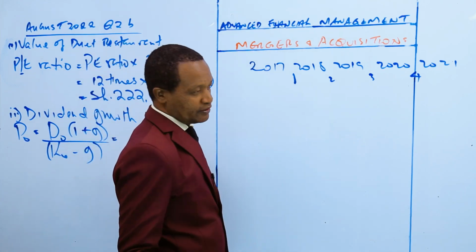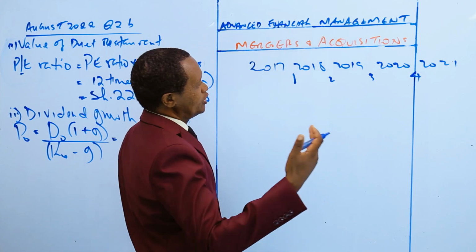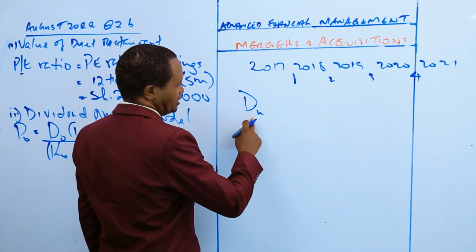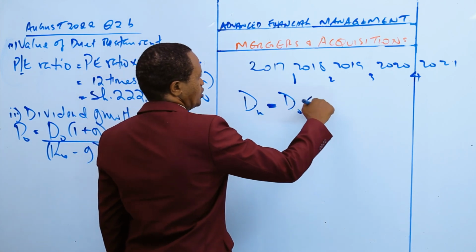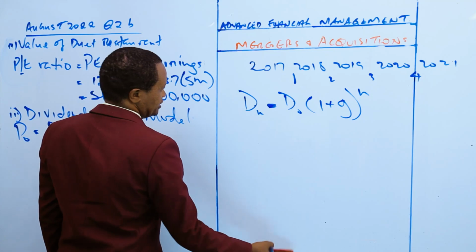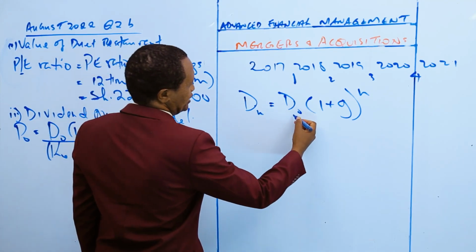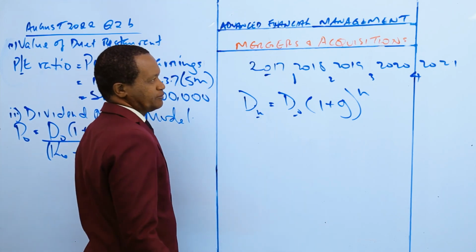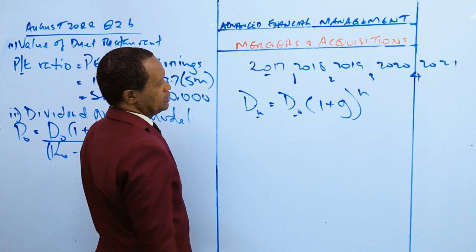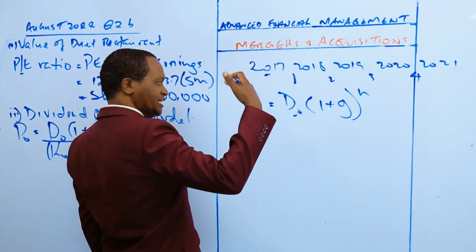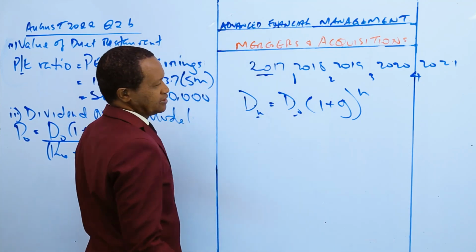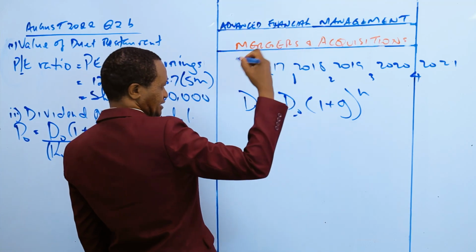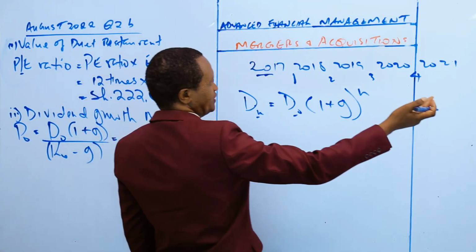Where you are given the dividend per share and you are required to calculate the growth rate, you use the formula Dn, the expected dividend, equals D naught into (1 plus G) raised to N. This is the general formula, where D naught is the earliest dividend per share, in 2017, and Dn is the latest dividend, in 2021.